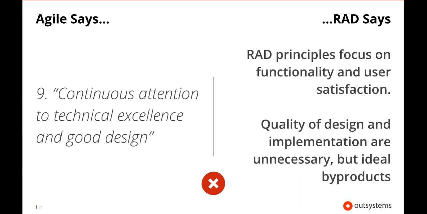Agile wants continuous attention to technical excellence and good design. Now, this sometimes comes into a strong contrast with RAD, because RAD focuses on functionality and user satisfaction. So there's a lot more prototyping that occasionally puts technical excellence on the back burner.